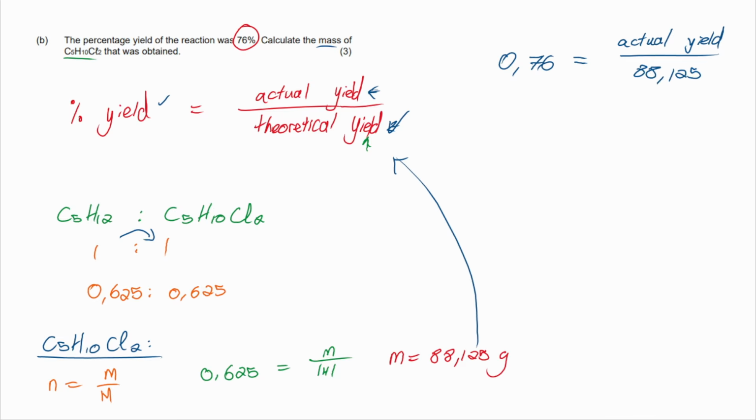If we solve for that, the actual yield is equal to our answer times 0.76, and we get, to 2 decimal places, 98, and the units, grams. This was in grams over here, so our answer ends up in grams.